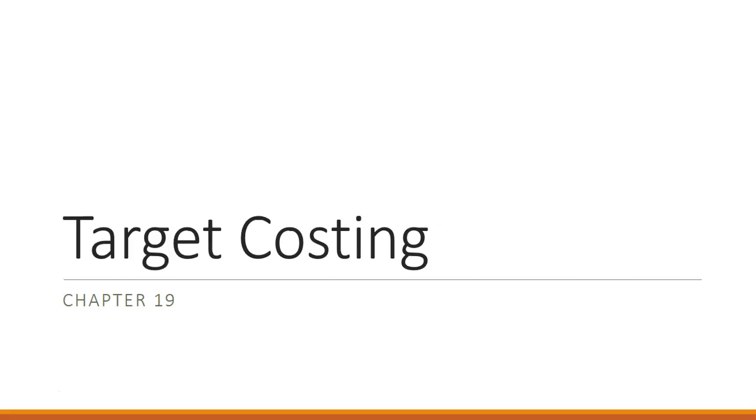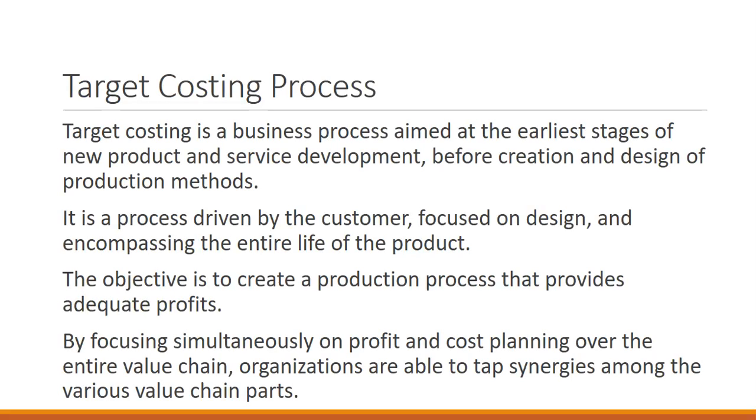The next topic that we talk about in Chapter 19 is target costing. So target costing looks at early product and service development before we start creating and designing the production of these processes. So it's driven by the customer.